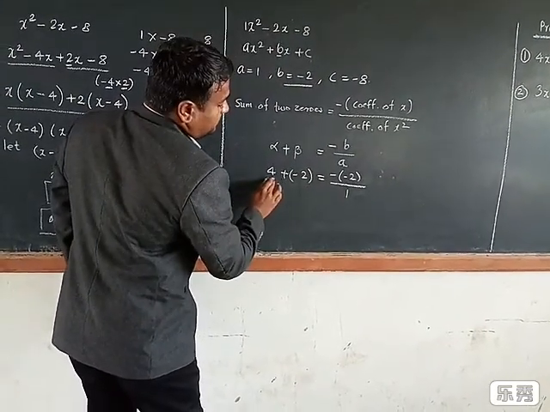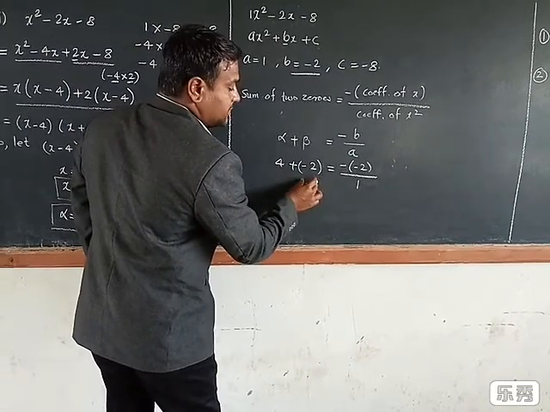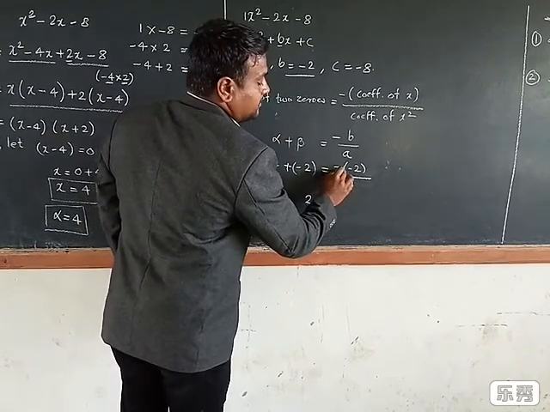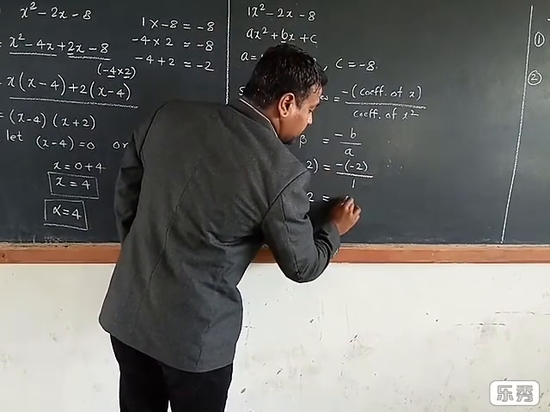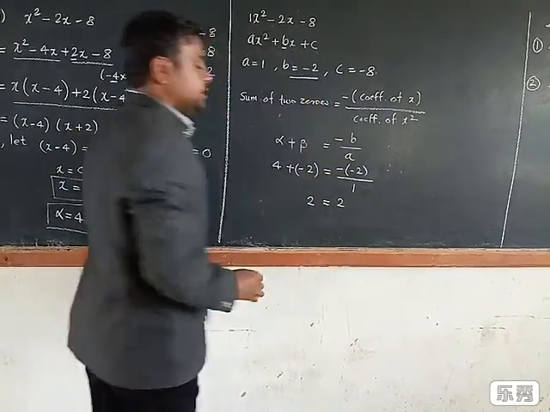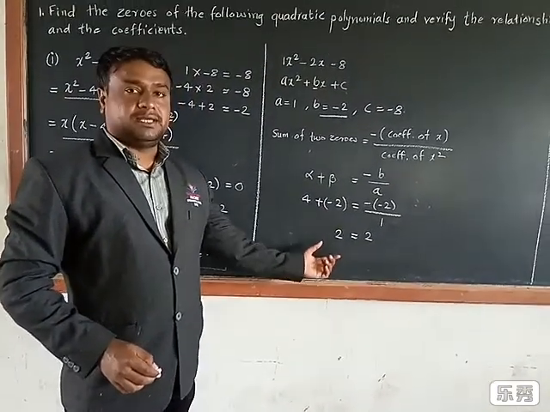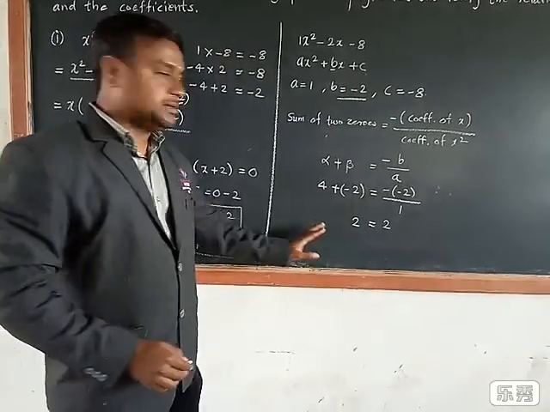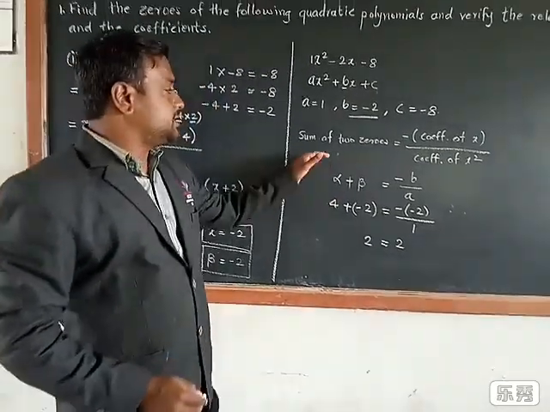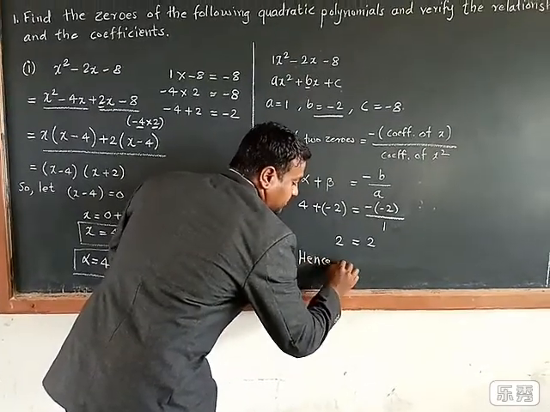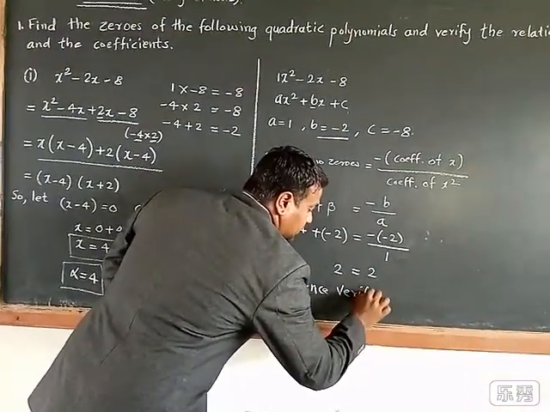Whenever we solve that, 4 plus minus 2 gives 2, and minus minus becomes plus, 2 divided by 1 is 2. So here we verify the sum of the two zeros. Hence verified.